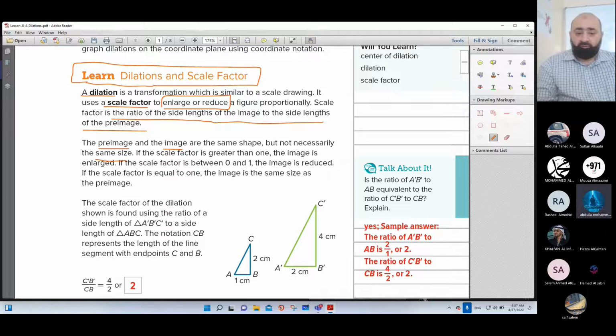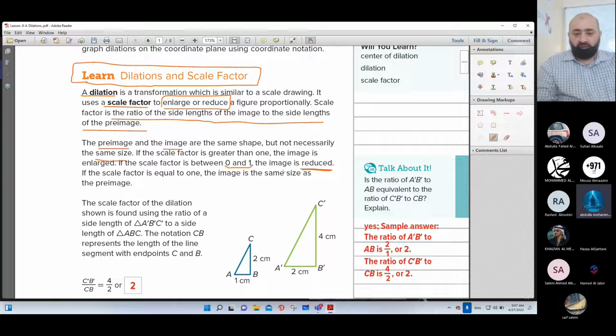If the scale factor, meaning the ratio between the pre-image and the image, is between 0 and 1, the image is reduced. The image will be smaller than the pre-image.